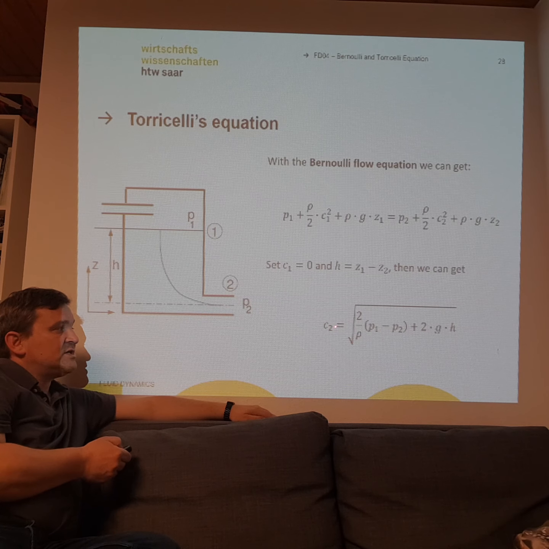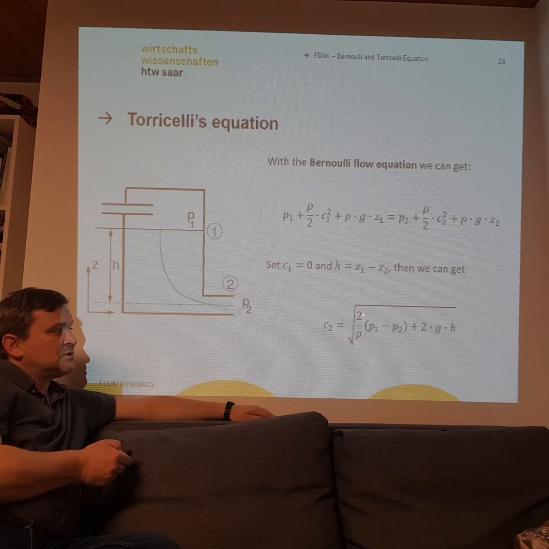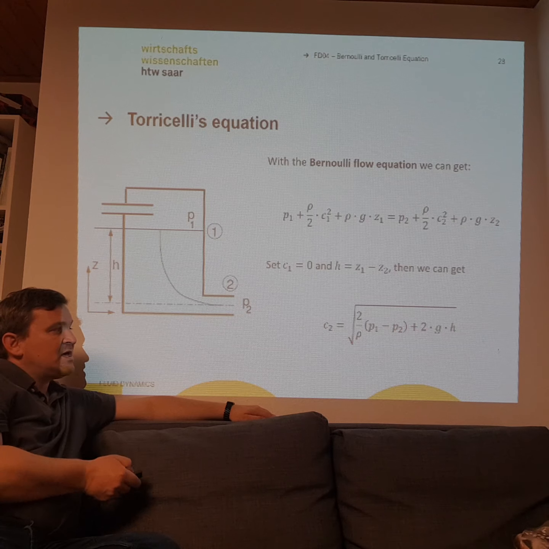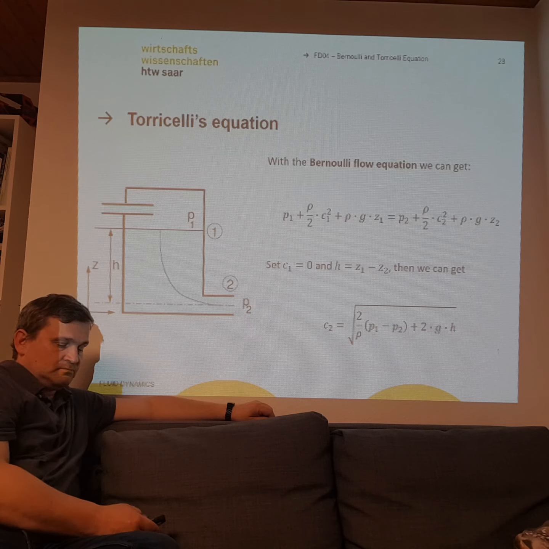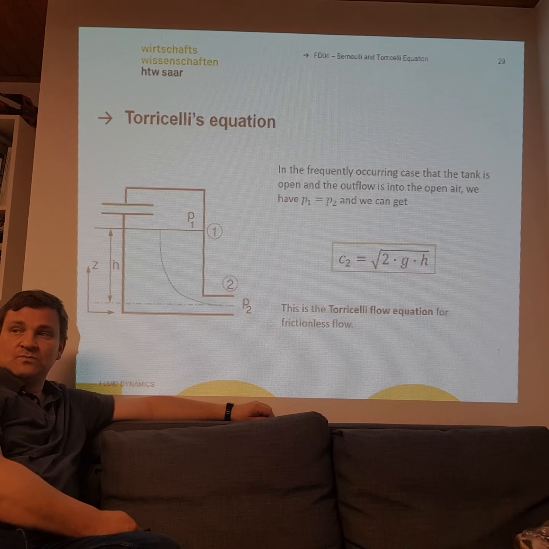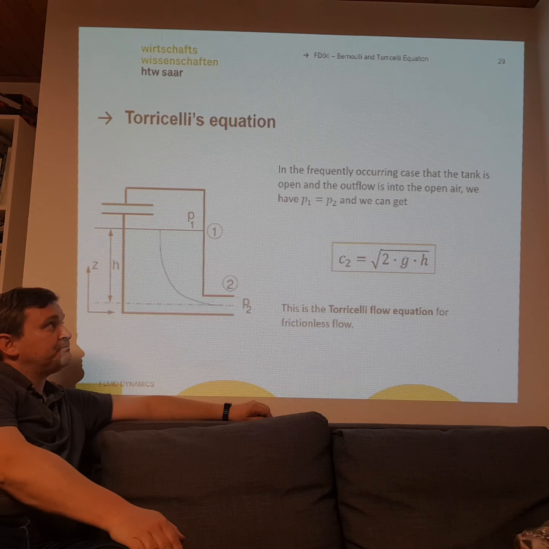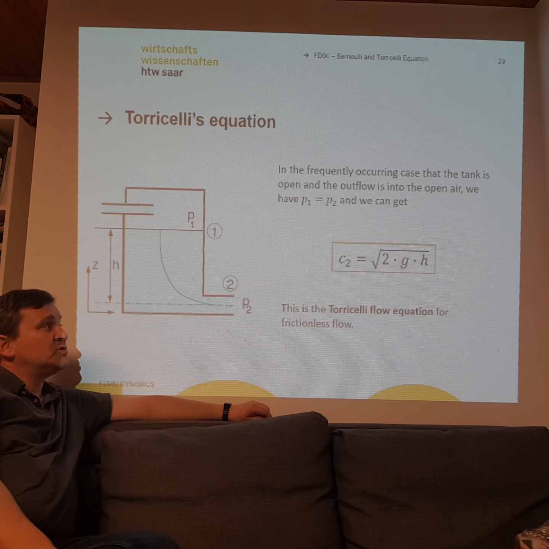The Torricelli equation is a square root of 2 divided by density, times the pressure difference, plus a term for the height. Here is an easier version of Torricelli's equation.